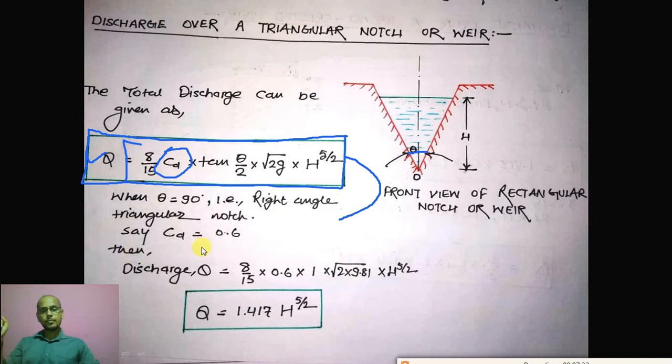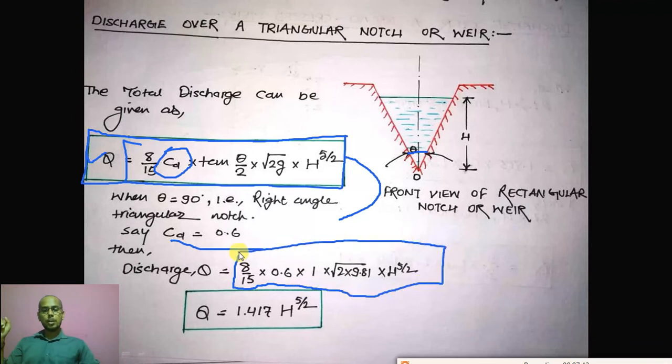Okay, and if we consider CD is equal to 0.6, then discharge will be 8 by 15 into 0.6 into 1 into 2 into under root 2 into 9.81 into h to the power 5 by 2. When you multiply this whole term, you will get 1.417 into h to the power 5 by 2. This is about discharge through a triangular notch.